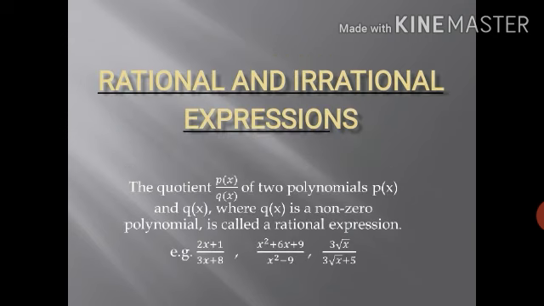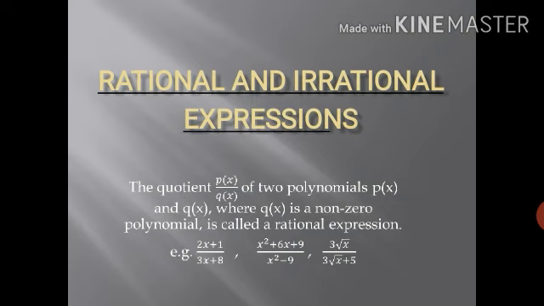Next, we move towards the rational and irrational expressions. Rational numbers are those numbers which can be written in the form of p over q. Now, when we involve the variable x, y or any other, that will become an expression. Rational expressions are those expressions which can be written in the form of p(x) over q(x). p(x) and q(x) both will be polynomials.